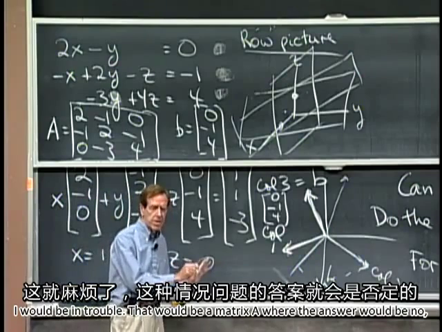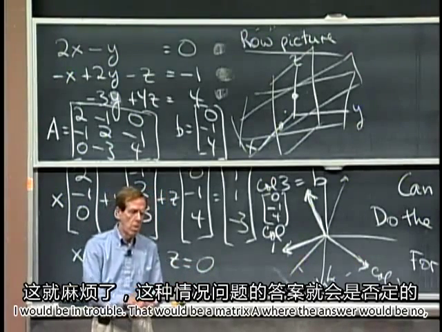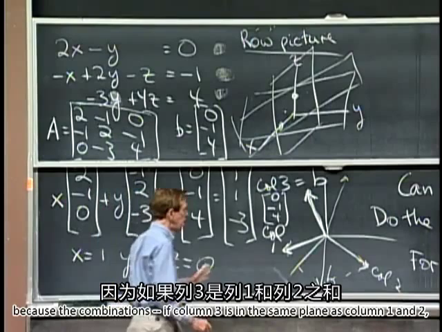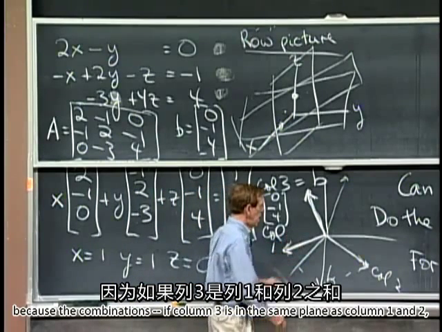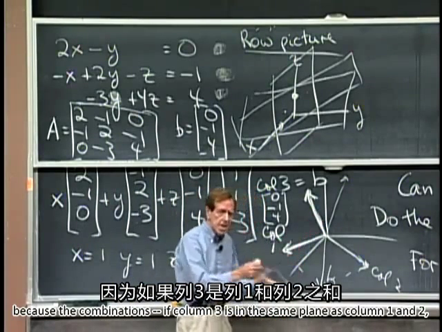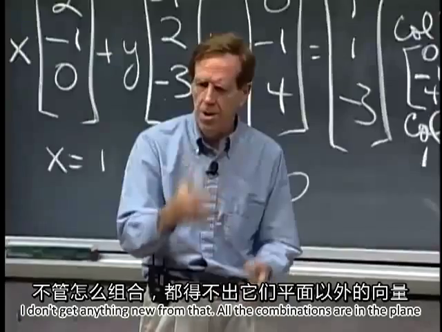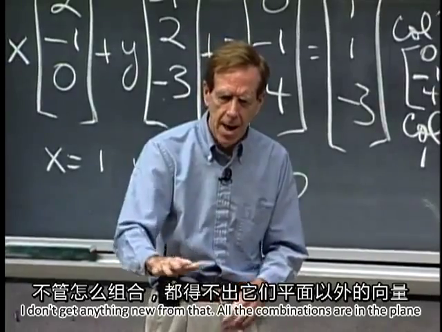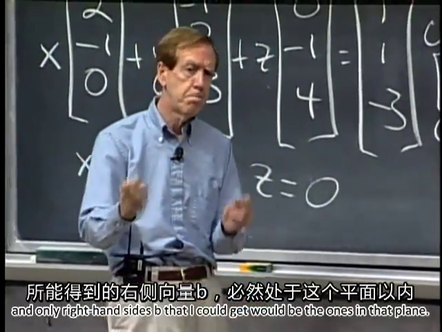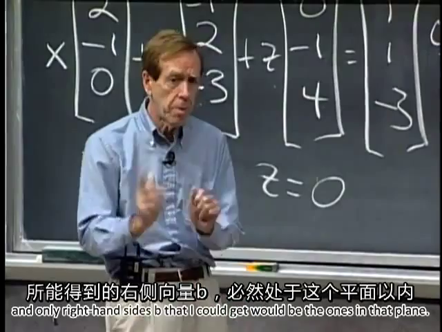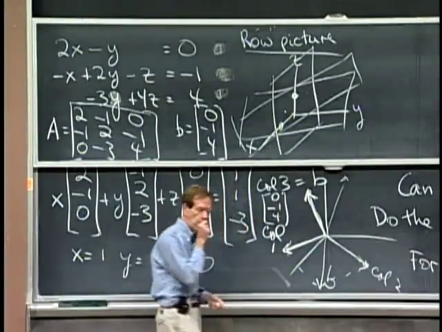That would be a matrix A where the answer would be no. Because if column 3 is in the same plane as column 1 and 2, I don't get anything new from that. All the combinations are in the plane, and the only right-hand sides B that I could get would be the ones in that plane.